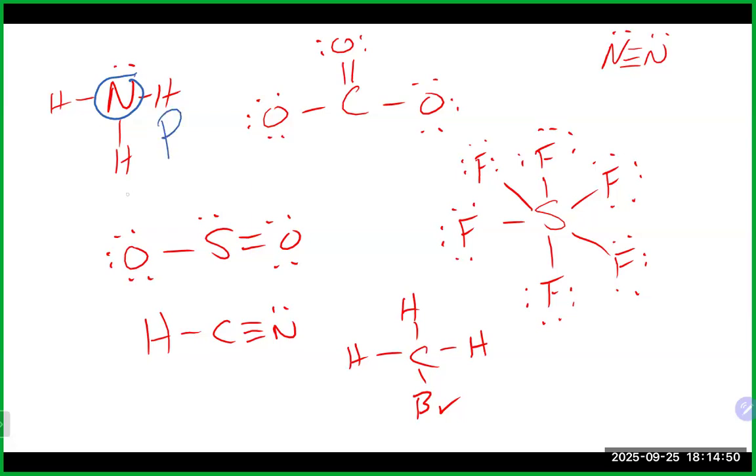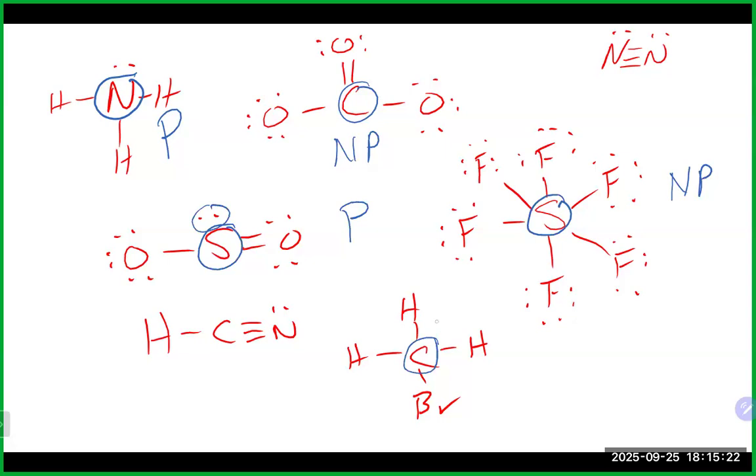So dots, everything the same, it's going to be polar. Here, I take a look at this one. I see no dots. Everything on the outside is the same. Going to be nonpolar, right? Take a look at this one. I see no dots. Everything on the outside is the same. Going to be nonpolar. I take a look at this one. I see dots. Everything on the outside is the same. Going to be polar in this case. Take a look at this one. What would this one be? Polar or nonpolar?